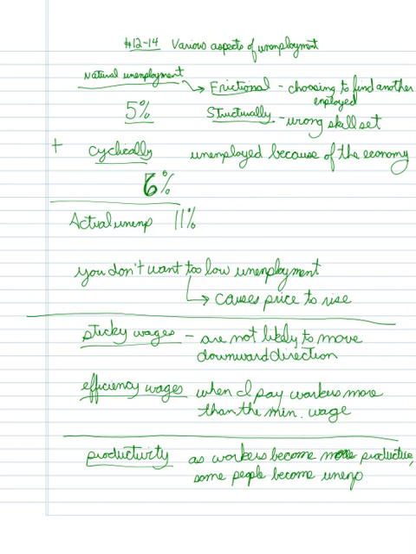That's not bad. That's not bad to have productivity going up, right? Because it means basically we can do more stuff with fewer people working. But obviously it has a social consequence.